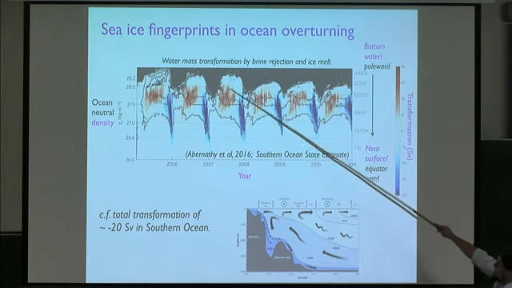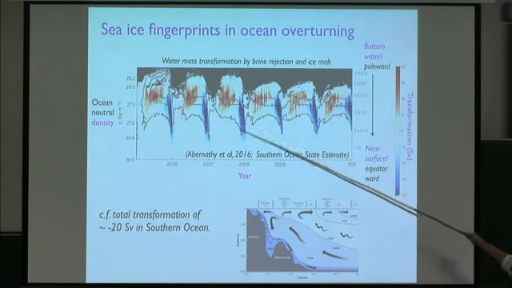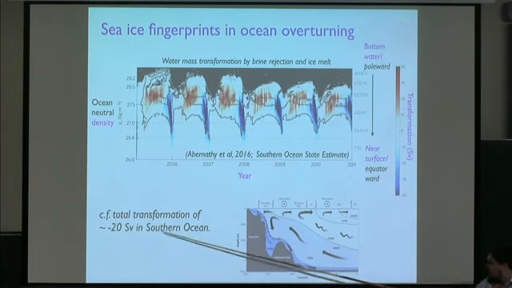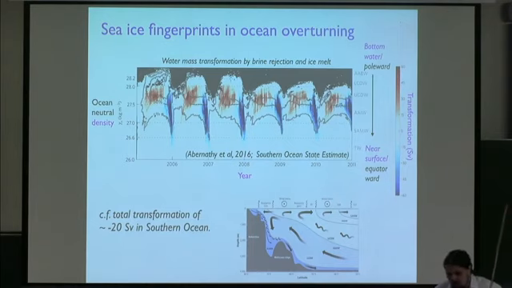So you've got your winter brine rejection and your summer ice melt occurring through a seasonal cycle. This is starting to penetrate in towards this upper overturning cell. And I guess the interesting point is the magnitude of this water mass transformation is comparable to the overall net transformation that has to happen. So this gives you an idea that the brine rejection and ice melt is playing an important role in the changes in density in the Southern Ocean.